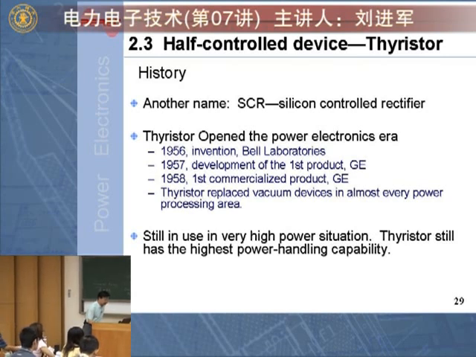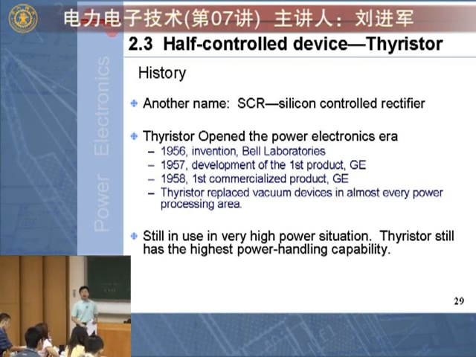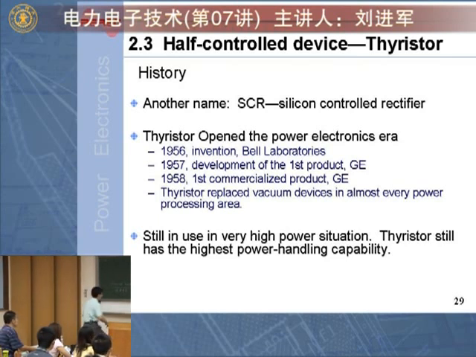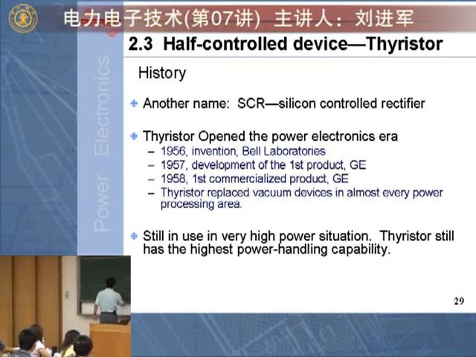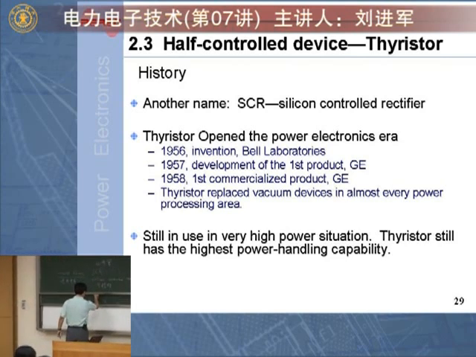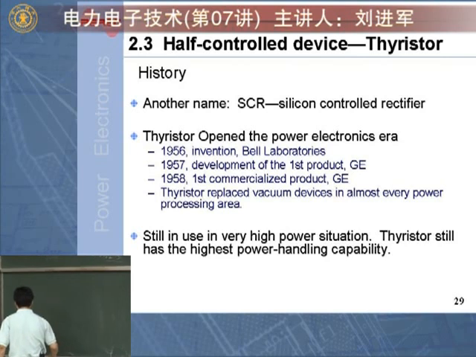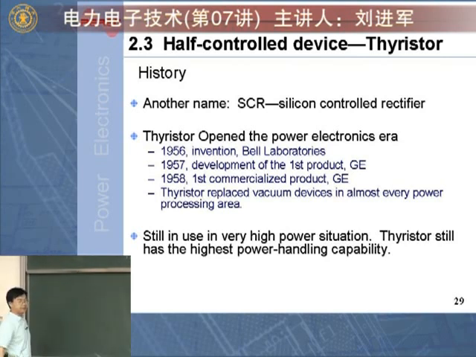Very high power, how high is very high? Well, that's the question. Usually, when we talk about very high power, we're talking about a power range of 5 megawatts and above, larger than 5 megawatts.